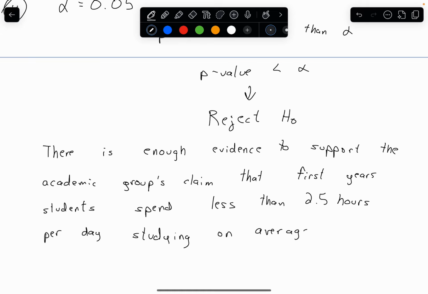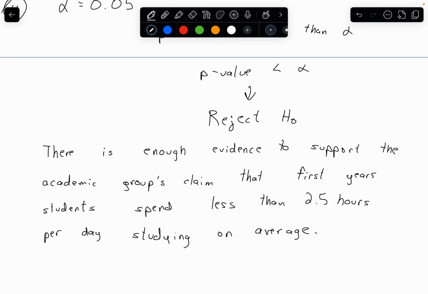So we're just kind of repeating the claim and making sure we say this is what the group is supporting, and there is enough evidence to support that claim. That seems like this is the most likely scenario based on the evidence that's been provided to us.